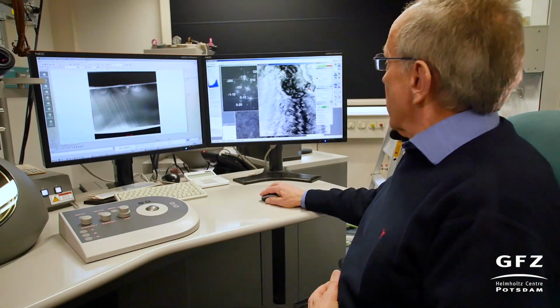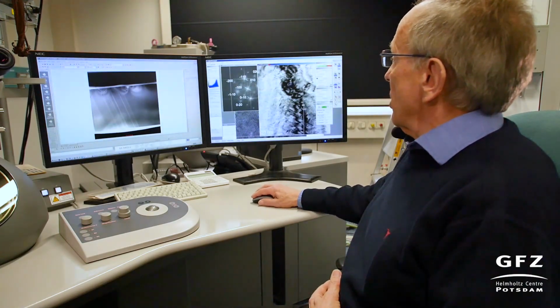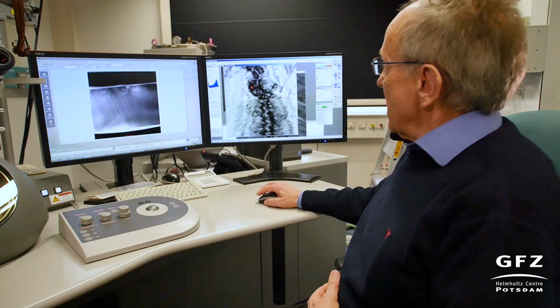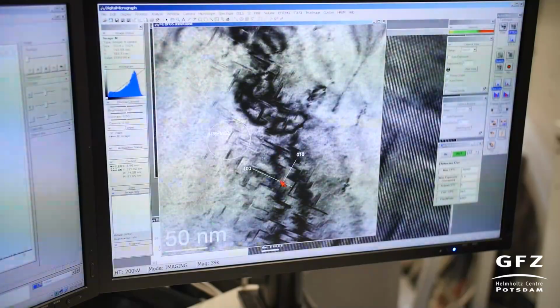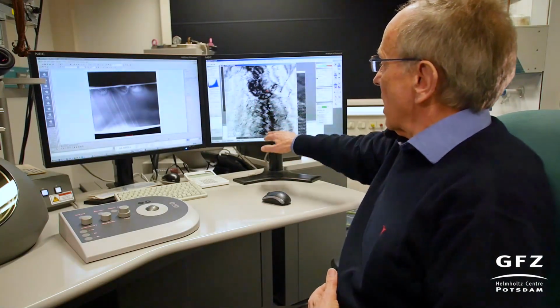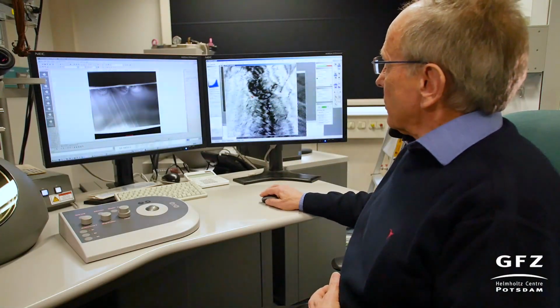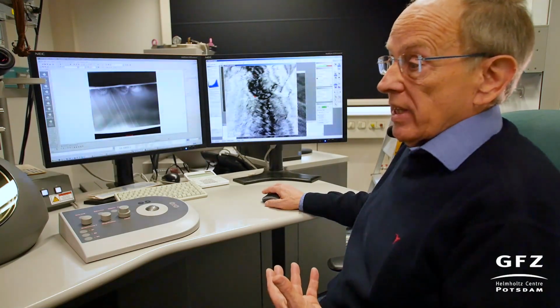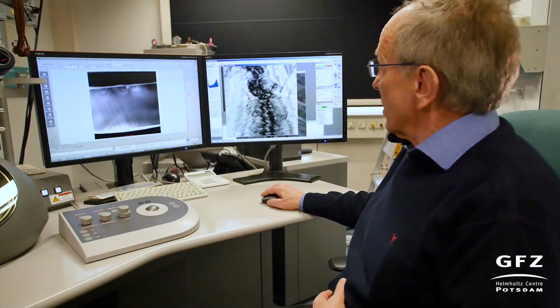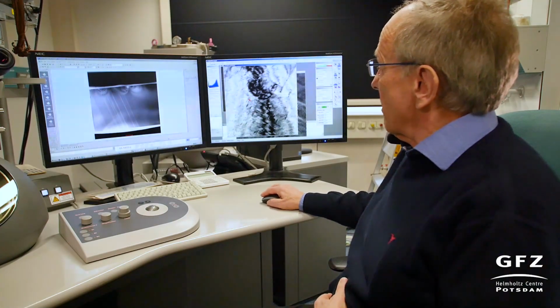If we look in more detail, which is seen here, we see that these lamellae are composed of smaller lamellae, which are normal to each other, which is shown in this dark area here. And of course, we want to know: what is the microstructure here, and what are these lamellae composed of?